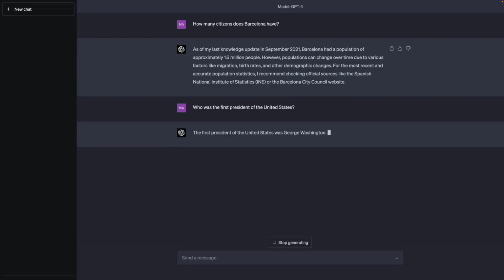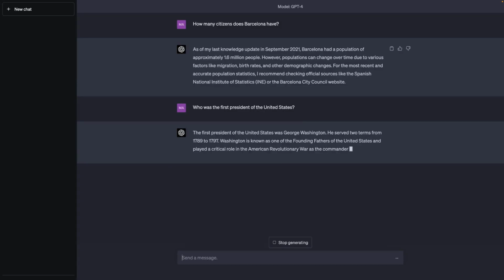So no big surprise, ChatGPT returns that George Washington was the first president, again with some additional information. These questions are not related to each other, and these are also questions you could use Google for, because it would return many results, but all results would state the population count of Barcelona and that George Washington was the first president of the United States.